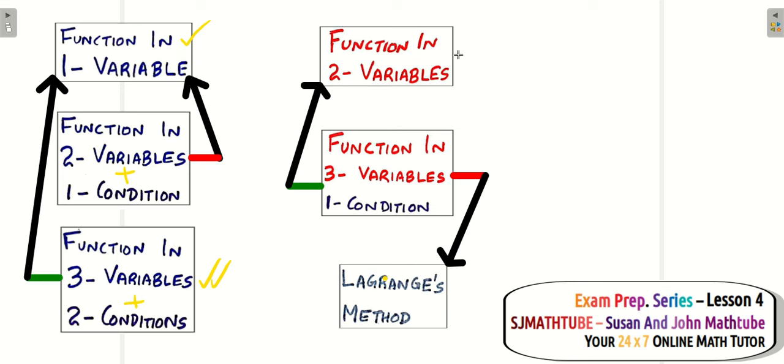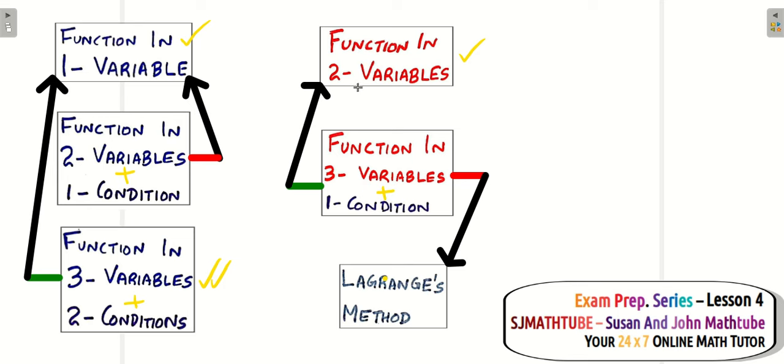And then what we saw is function in 2 variables, no conditions, strictly 2 variables. And then we have function in 3 variables and 1 condition, not 2 conditions, 1 condition. And in this case, you have 2 options. If you want, you can reduce it into a function in 2 variables.